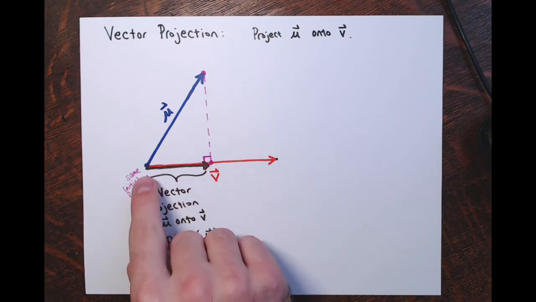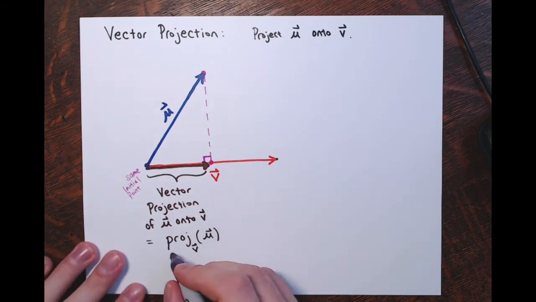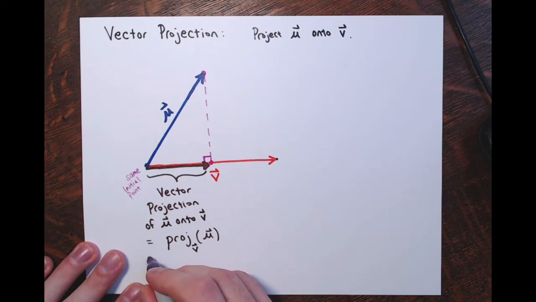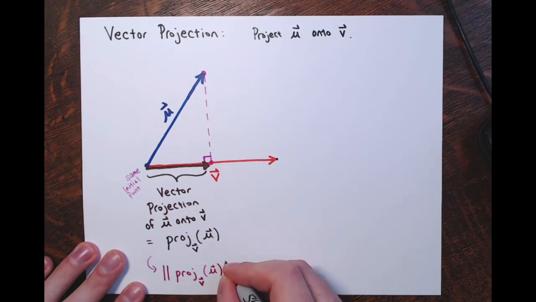And then the length of this vector is that scalar projection that was being talked about on the previous page. Then the magnitude of this, the length of this projection vector, this is called the scalar projection.